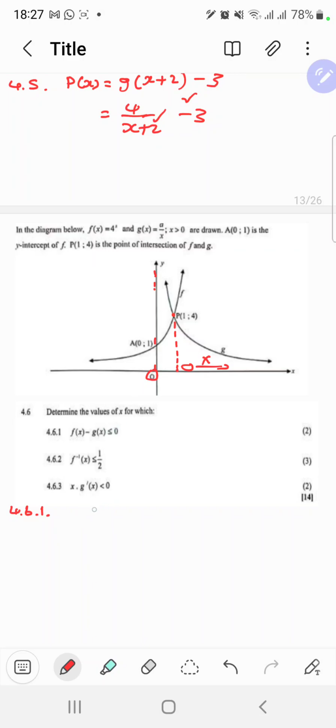So we can say that x here must be less than or equal to, because that point is included as it satisfies 0, so x there is 1, at P. And then we have to know that x must be greater than 0 because this is an asymptote. So this is the region that we want.